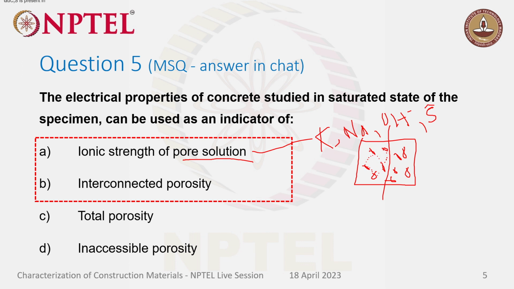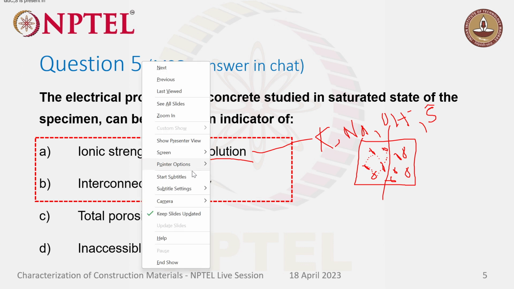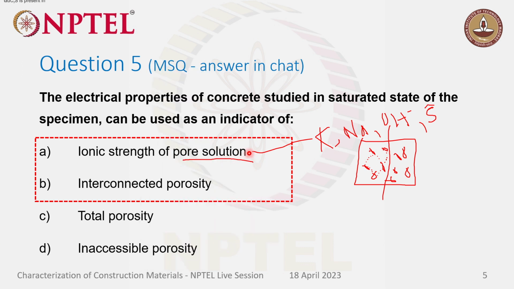But if you take that side, there is no conductivity at all from one pore to another pore. So even though there is a lot of porosity, total porosity or inaccessible porosity, that doesn't matter. Unless the porosity is interconnected, we will not get much conductivity. From that, we will be able to understand interconnected porosity and the ionic strength of the pore solution.